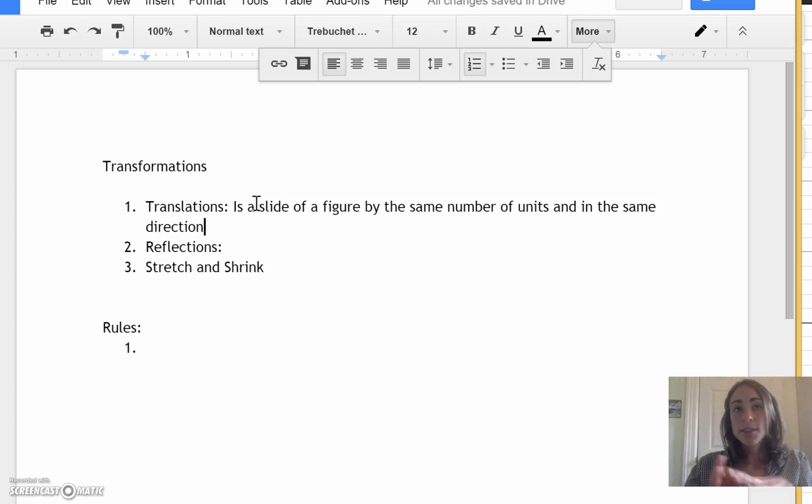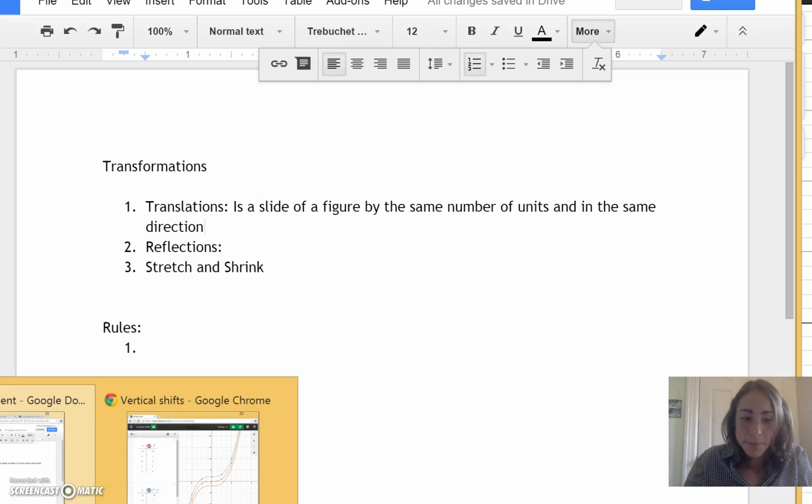So every point is either going 2 units to the left, or it's going 2 units up, or it's going 2 units at a 45-degree angle. We're only going to be interested in the ones that go directly up, directly down, directly to the left, and directly to the right. So let's see our first example.